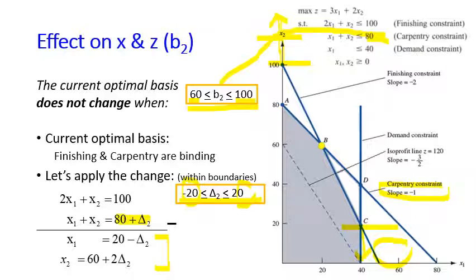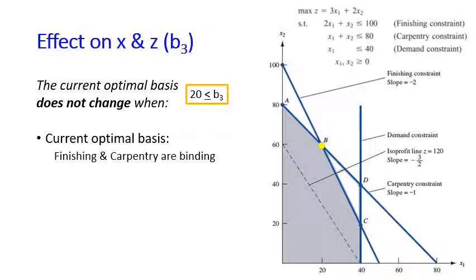Same as before, you may check if delta 2 equals 0. The solution is x1 equals 20, x2 equals 60, which is exactly the point B itself. So those are the values for x, and then same as before, if you want to get the value of z, you just plug in the values of x1 and x2 with the delta into the equation 3x1 plus 2x2. And then if you have the value of the delta, then you just replace delta 2 with the value that you want.